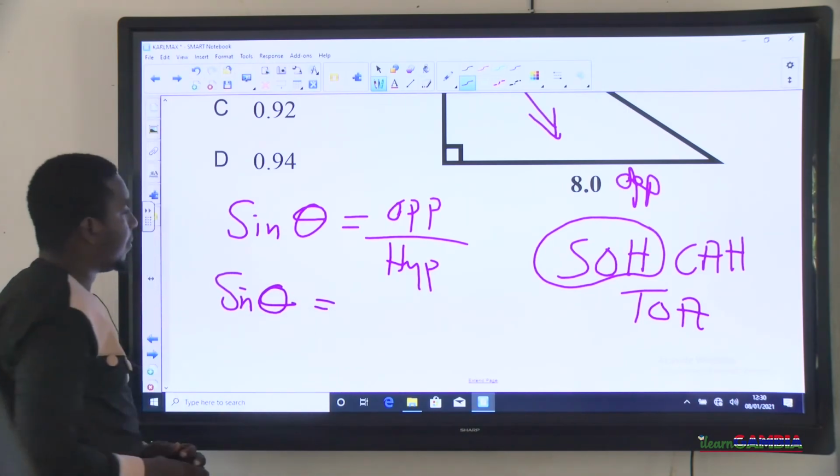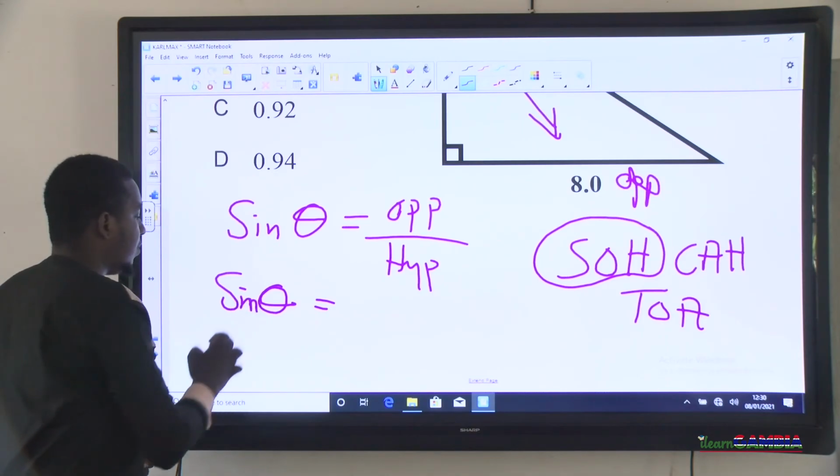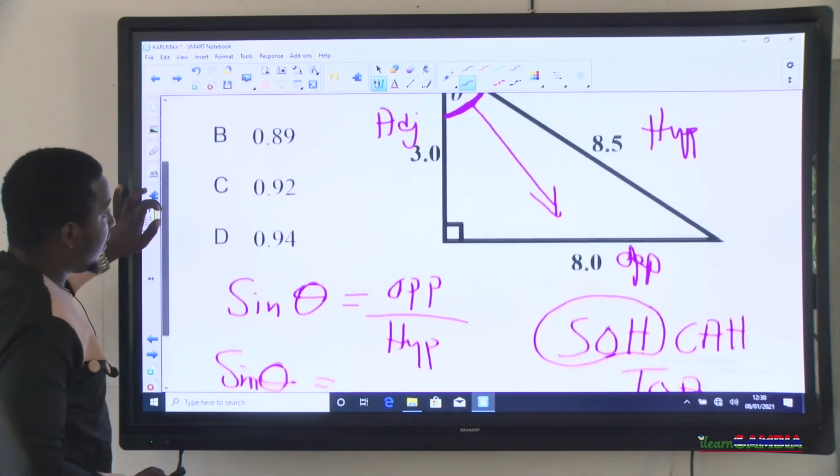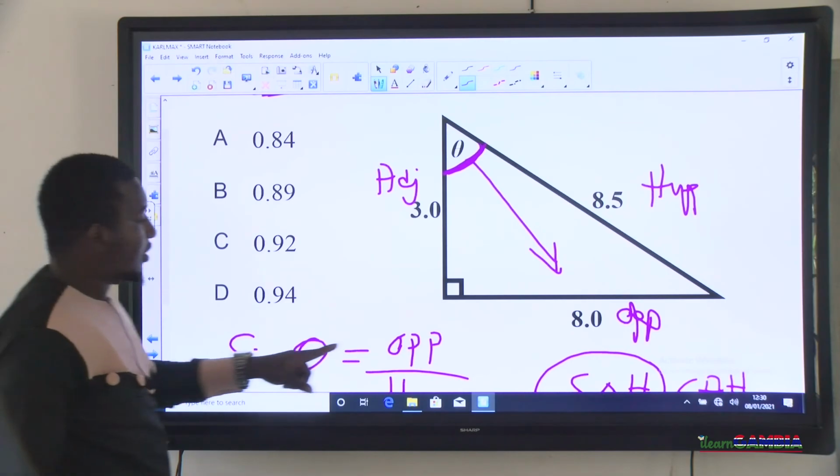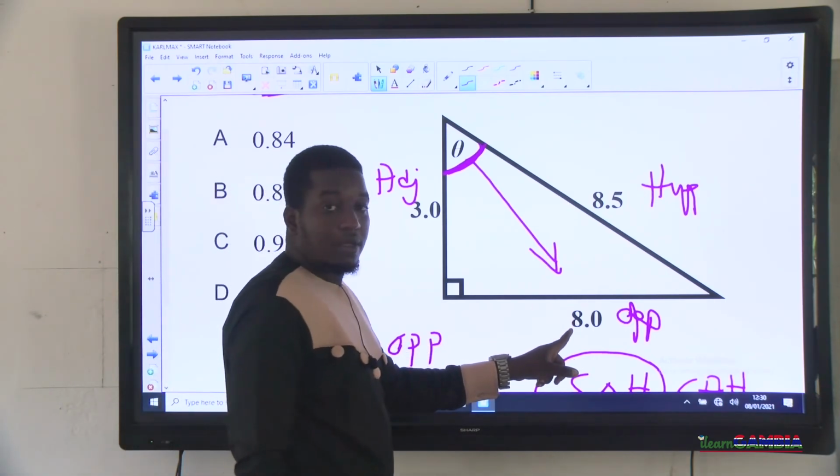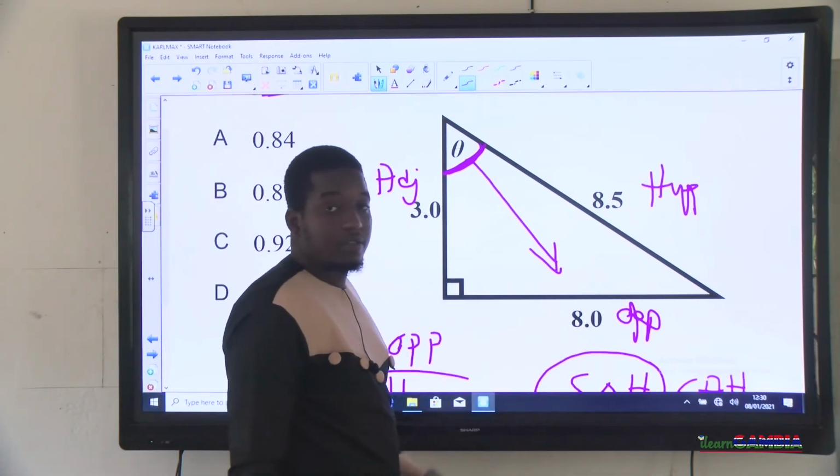Now sine theta is equal to, what is the opposite here? The opposite is 8.0.